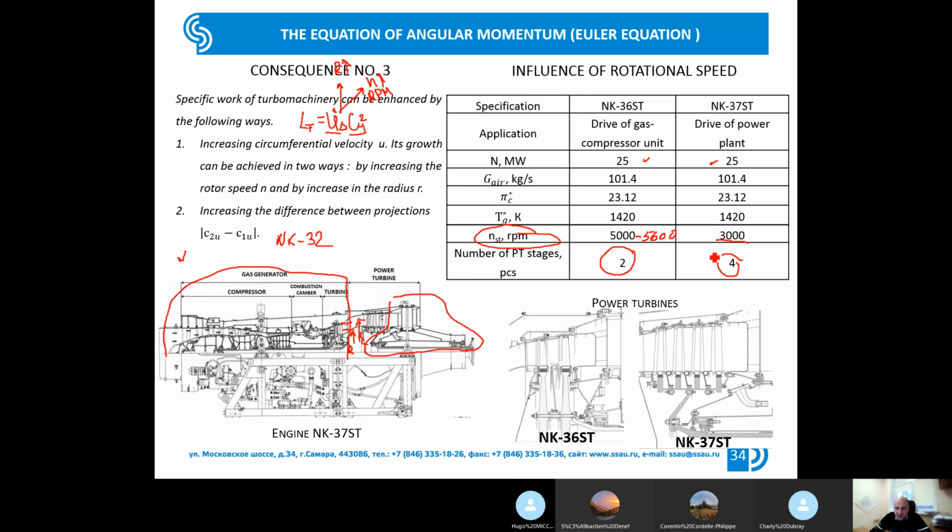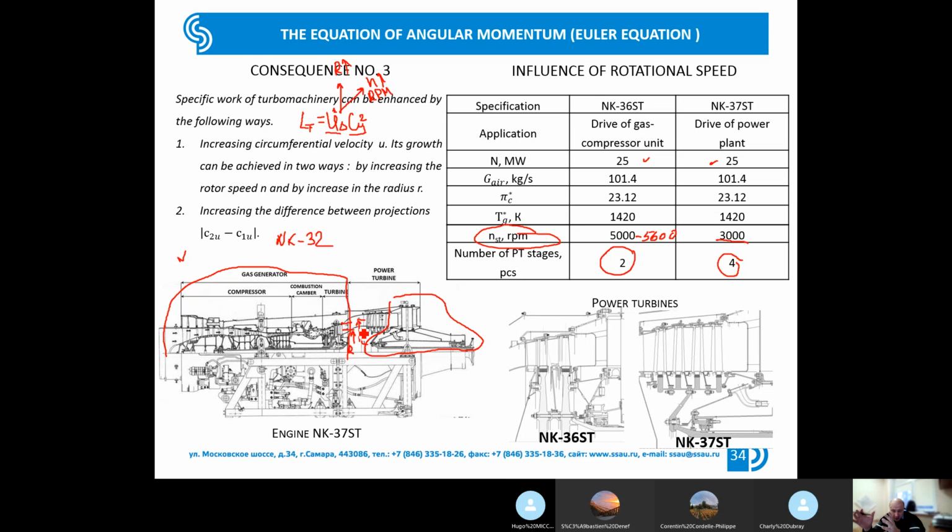Very, very simple. You see that the rotational speed of the rotors is not so high for NK36ST and NK37ST. That's why if you keep the diameter like in the initial NK32, you will receive a small circumferential velocity, a small stage specific work, and a great number of stages. So you will receive a 5, 6, maybe 7 stage free turbine.